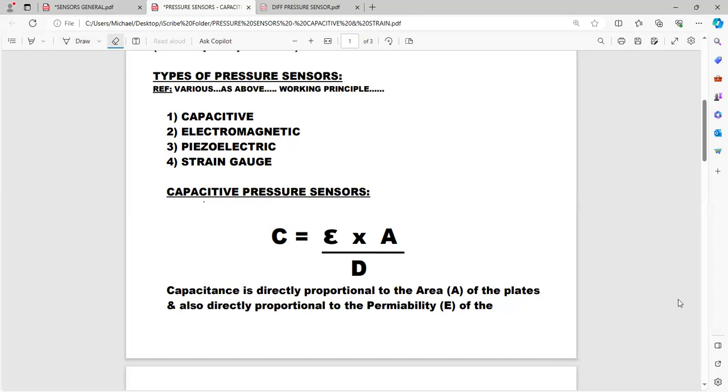Everybody is very familiar with this particular formula, correct? C is equal to epsilon multiplied by A divided by D. Epsilon is the permittivity, more correctly called the dielectric strength.